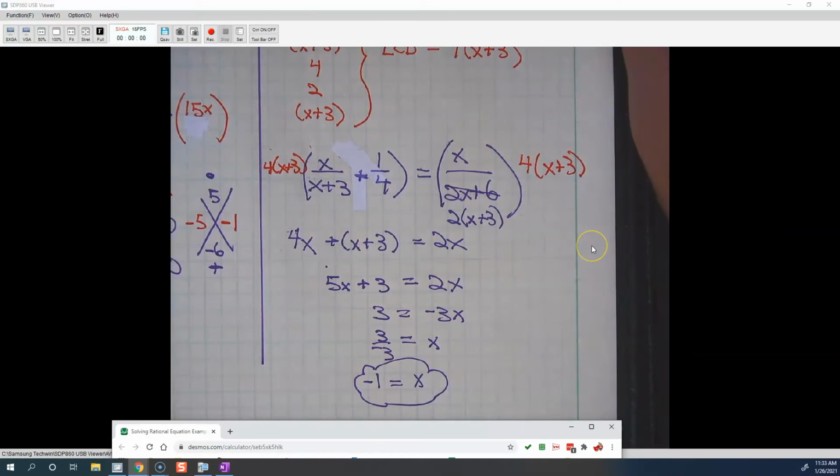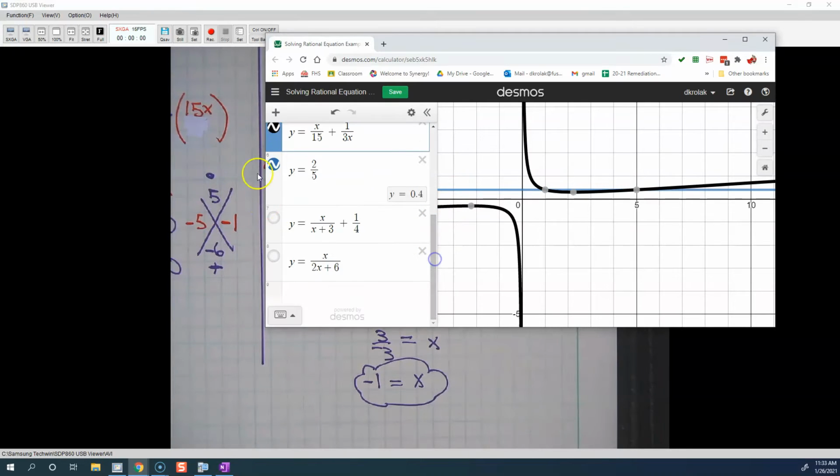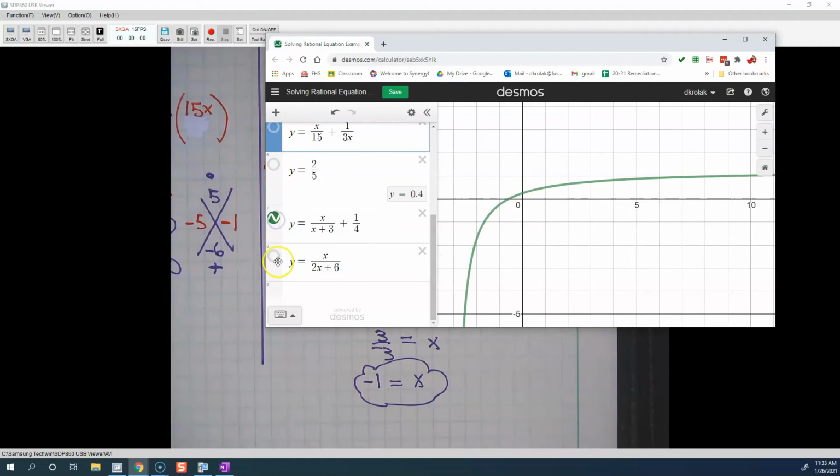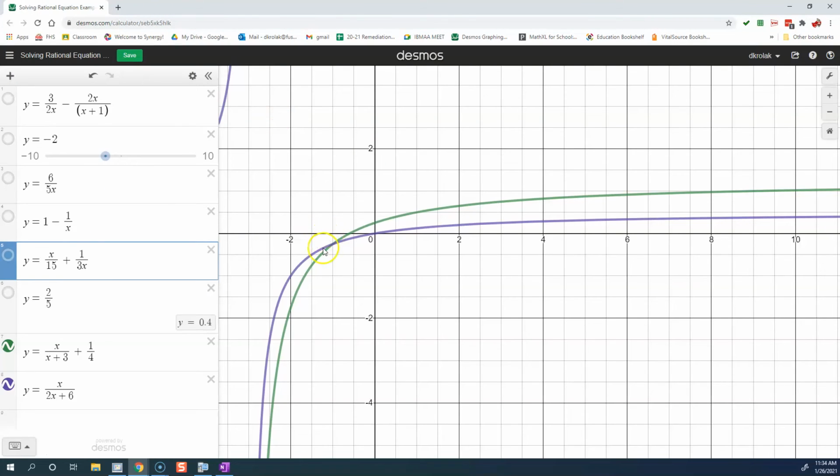All right, now I know that's a lot of algebra. Here are the 2 graphs. And the x coordinate where they cross is negative 1.